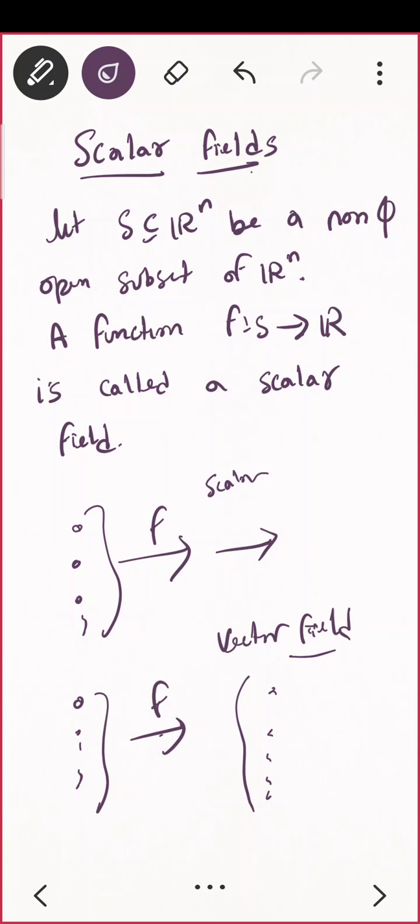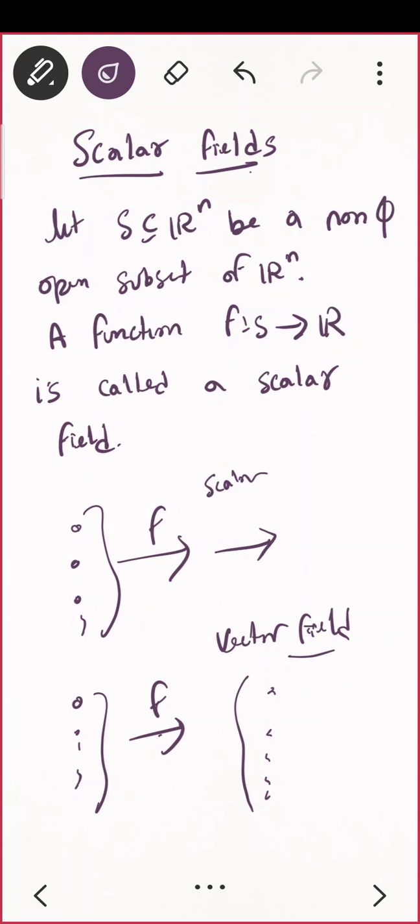Okay. Now let me take a real life example, the pressure. Let us take the function as the pressure at a point in a room. This is a scalar valued quantity.